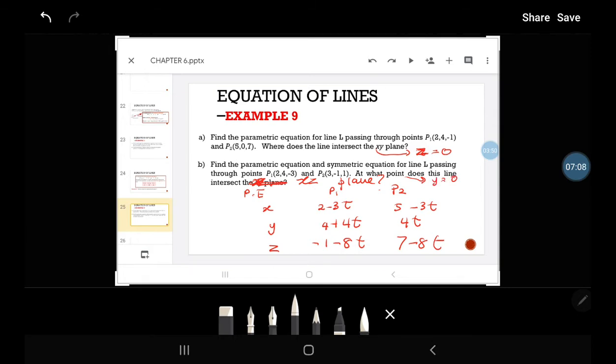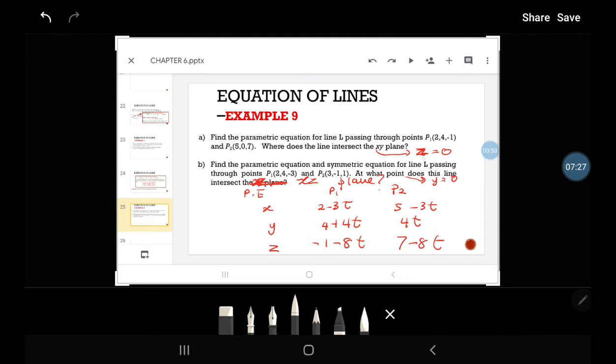Can you see the correlation here? When for the xy plane z is 0, whichever variable does not appear in the plane name, that one you should let be 0.